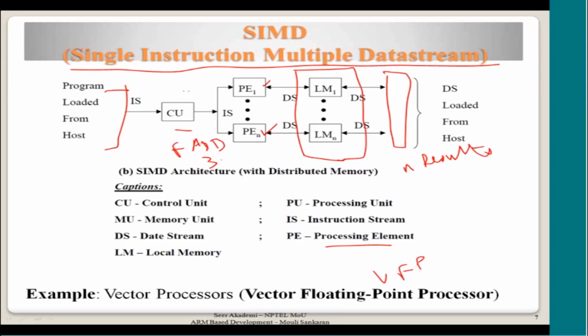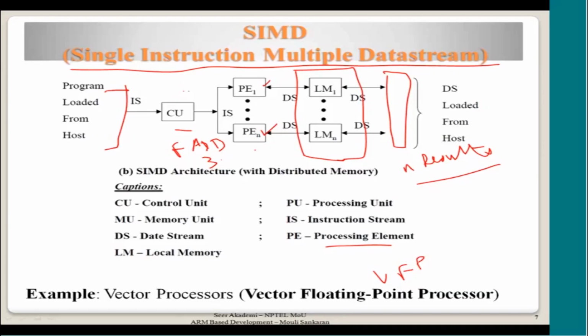That is very important, because if the processing elements do not run in parallel, there is no use. So all the processing elements get the instruction, operate on different data, and give you different sets of results. This is a multiple processing element system, so it need not be multiple processors in a sense.